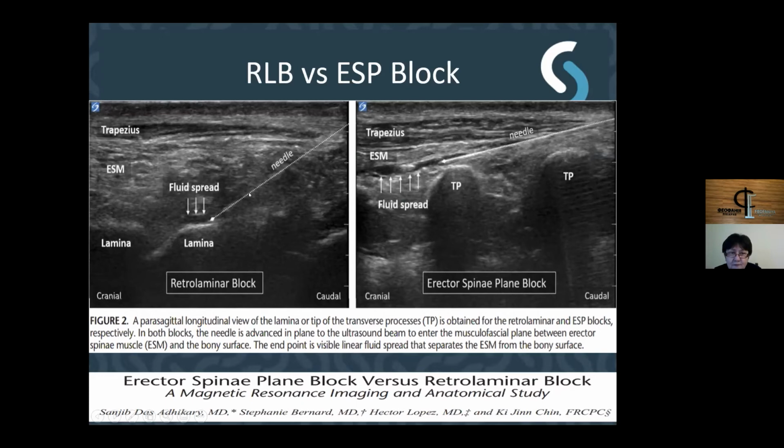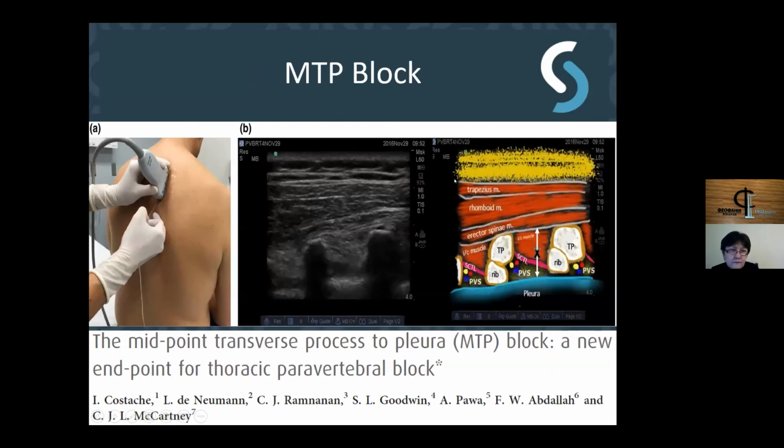You don't get as much spread, and you have little to no spread for visceral pain coverage. So retrolaminar looked great to start off with, but not so easy to do and not so effective at all.